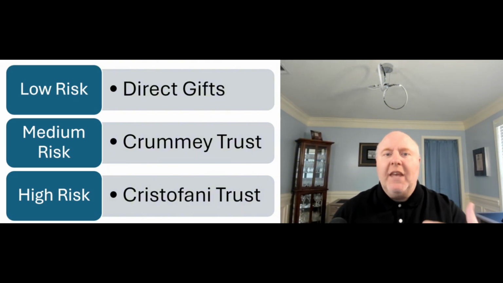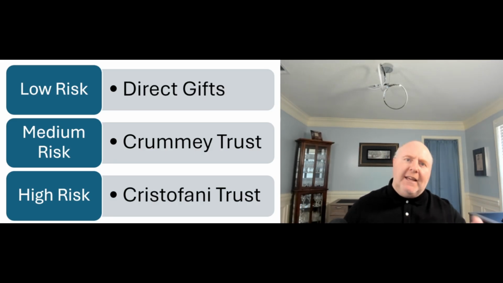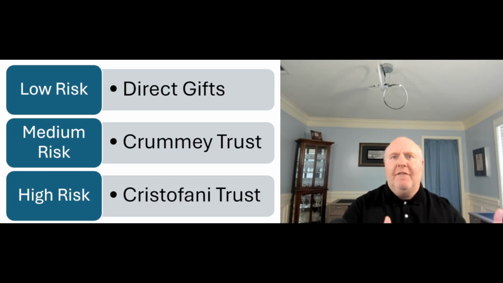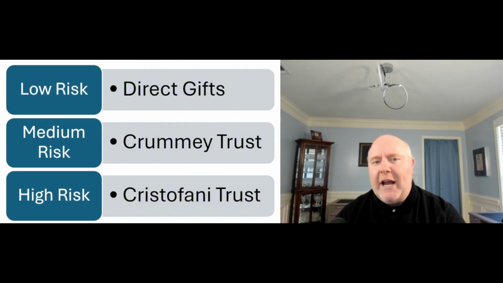Because I'll tell you, if I were an IRS agent and I were looking at this, and I see that I have a bunch of contingent beneficiaries, and the likelihood that they're ever going to collect is 5% or less, I would be wondering, why are you not taking that $19,000 that was contributed into the Cristofani trust?